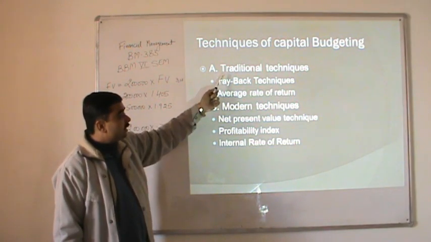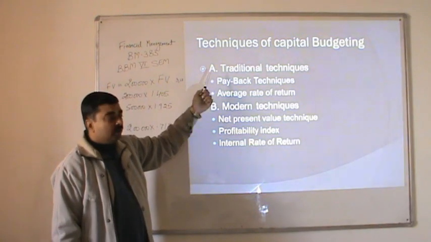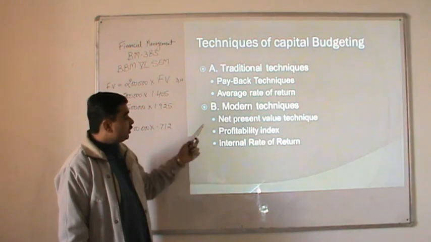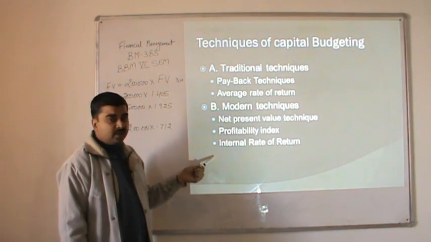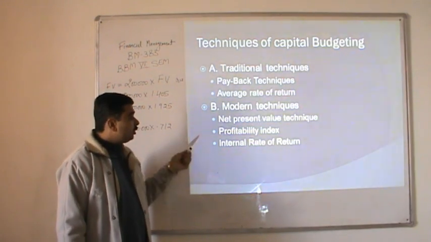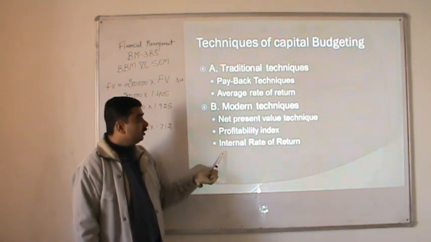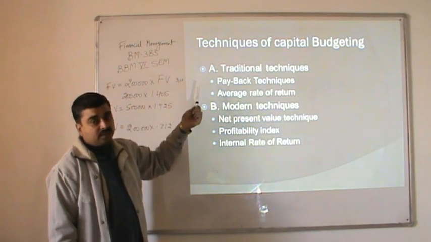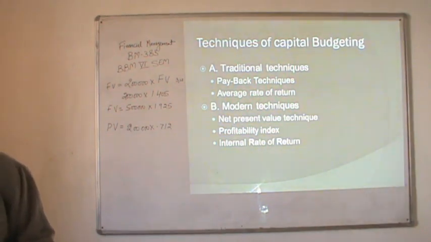These two are traditional techniques, meaning non-discounted or non-time adjusted techniques, while the modern techniques include the net present value, profitability index and internal rate of return technique. These three are the discounted techniques, considering the time value of money. So that is why it is called discounting techniques and non-discounting techniques. We will check the techniques one by one.